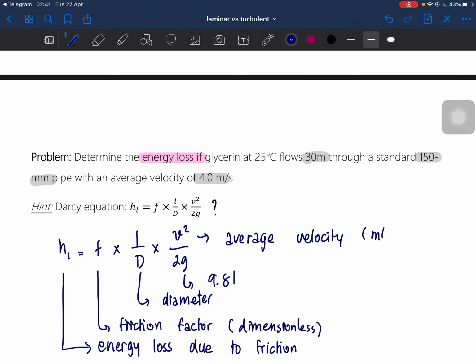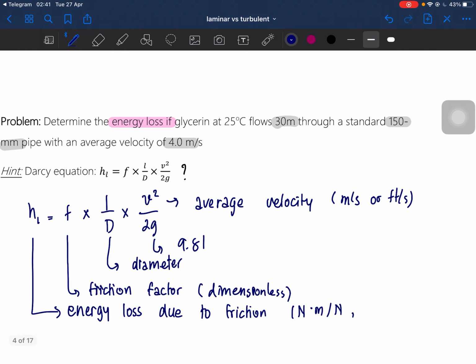The unit is in meter per second or feet per second. This one has a lot of units, N meter per N, and lb is pounds, right?